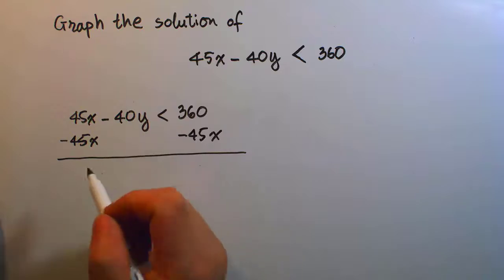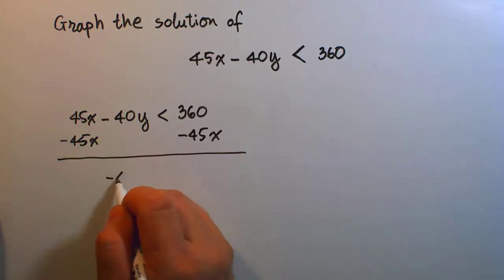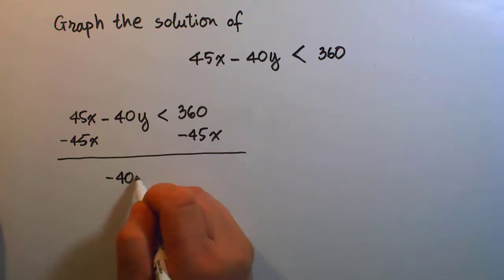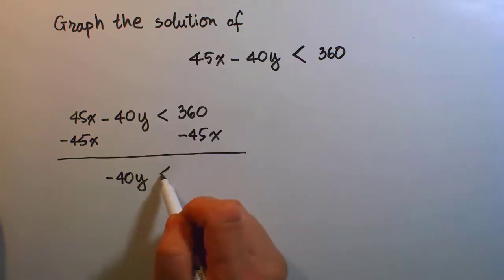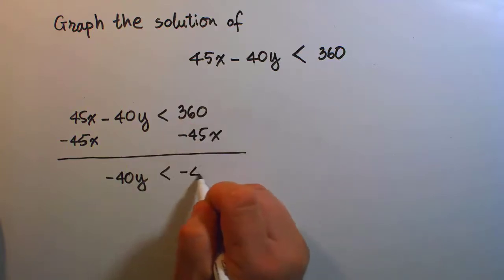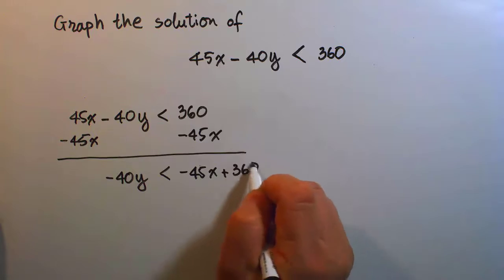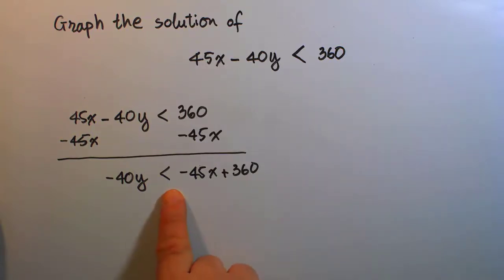So now 45x on the left-hand side cancels. What remains is negative 40y being less than, on the right-hand side, minus 45x plus 360. And as I said, the inequality did not change direction.